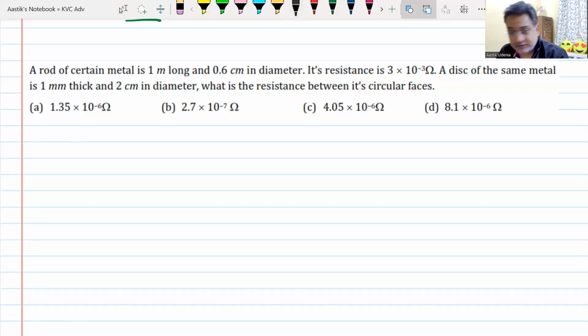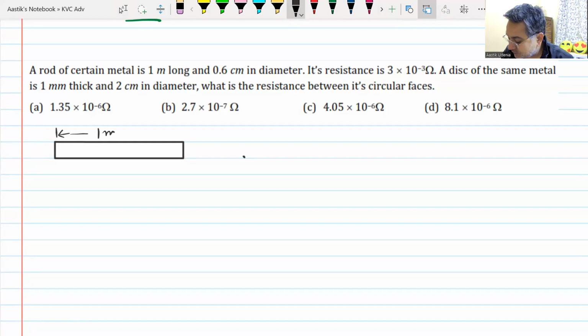This question even did not have so much of calculation. This was a rod. The first rod is 1 meter long. The diameter is 0.6.